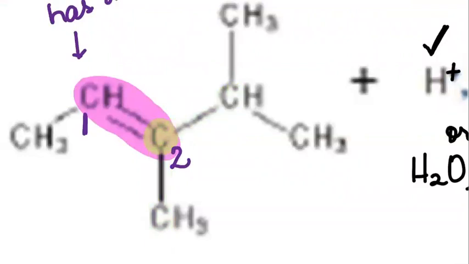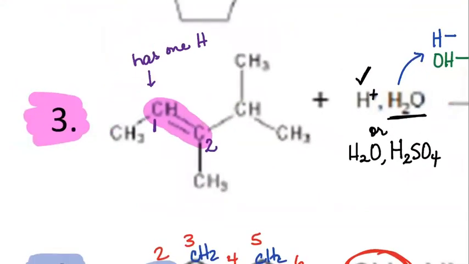So carbon number 1 has 1 hydrogen, but carbon number 2 has 0 hydrogens, in terms of hydrogens directly attached to them. That determines who gets the H and who gets the OH.